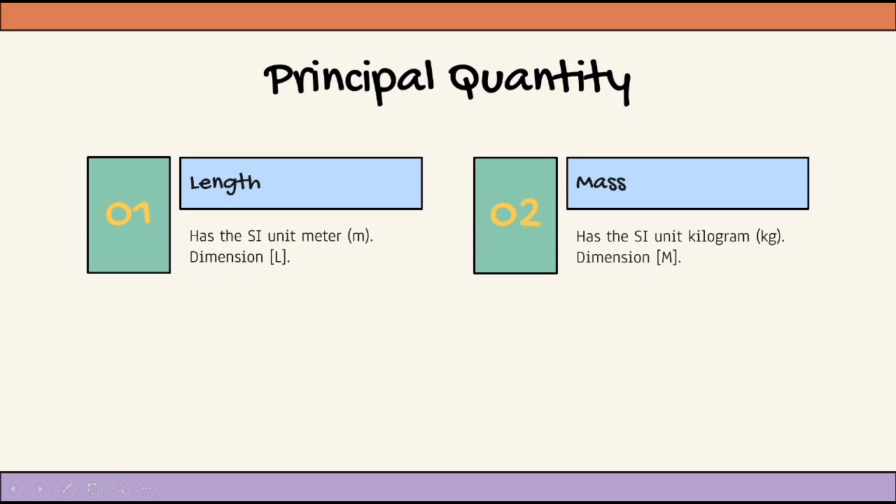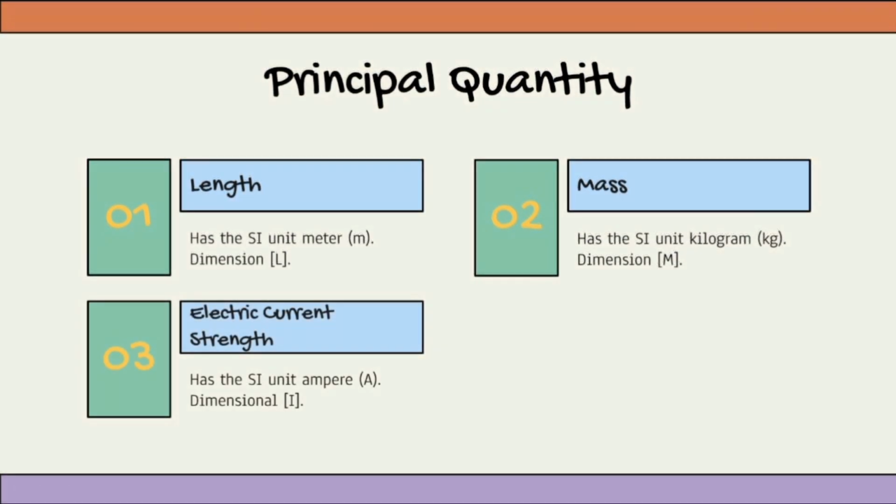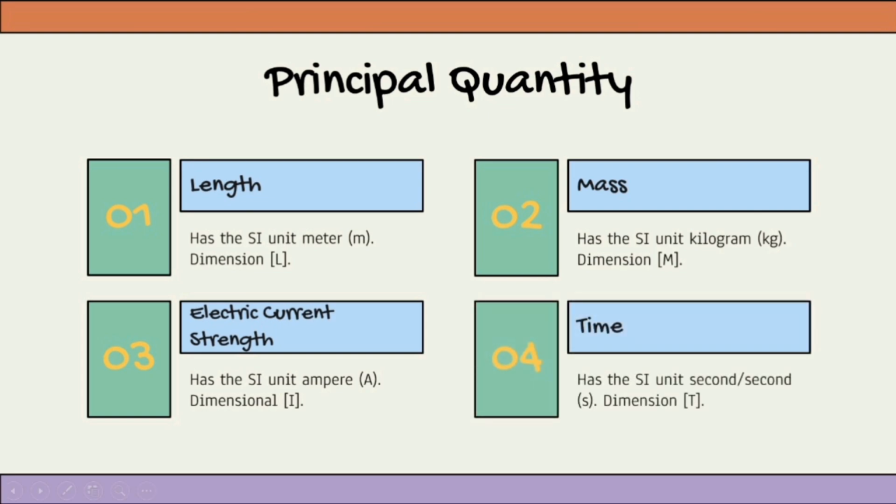The dimension of mass is capital letter M. And then the third is electric current strength, which has the SI unit ampere, and the dimension of it is capital letter I. And the fourth is time. Time has the SI unit second. The dimension of time is capital letter T.